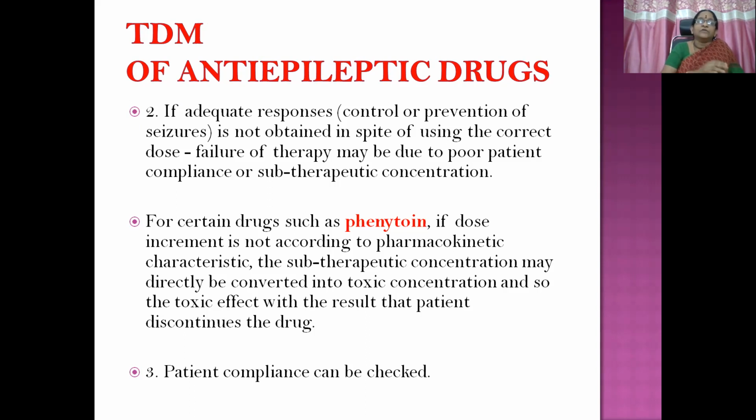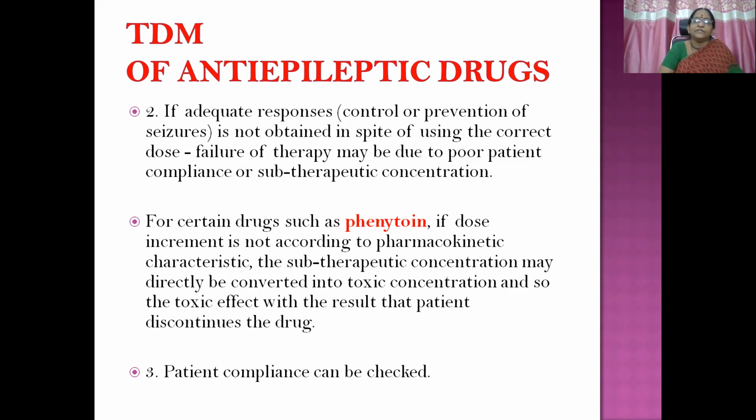So we need to check it. When there is no adequate response, it is better to go for TDM for drugs which have a narrow therapeutic index before we raise the dose.